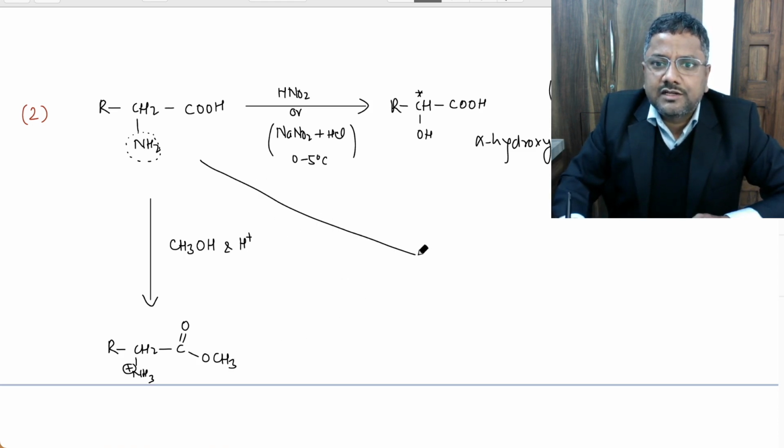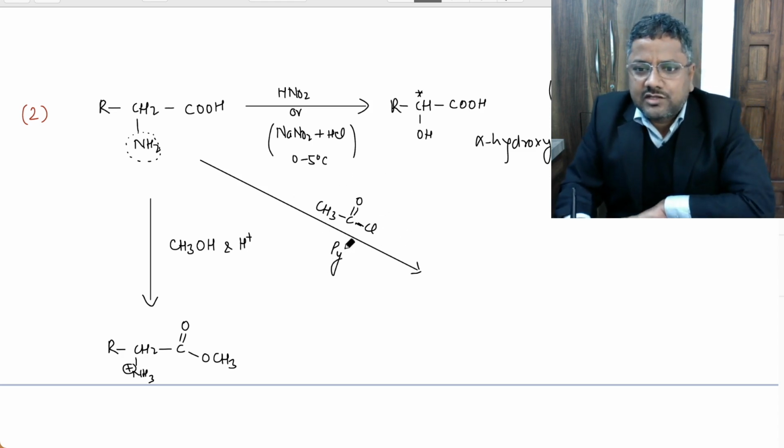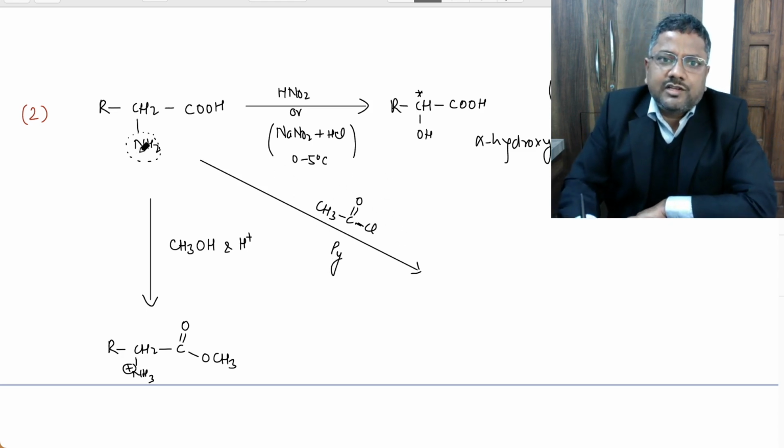Suppose that if you take CH3COCl, acetylation reaction in pyridine. So all of you know that the acetylation reaction is the characteristic reaction of NH2 group, and esterification is the characteristic reaction of COOH. So COOH group is involved here.